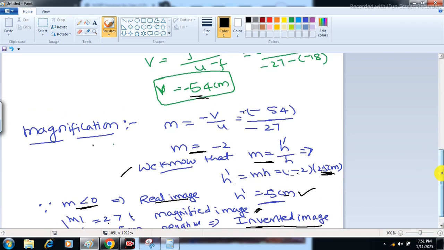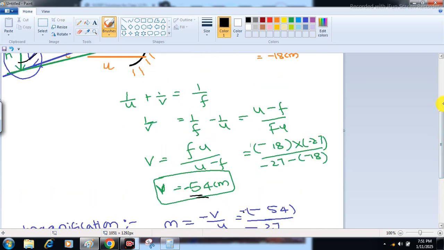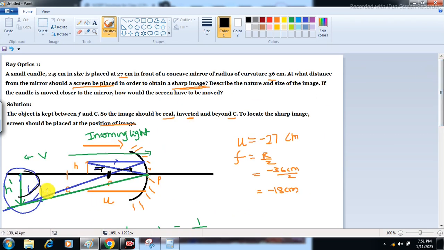We obtain the same type of image by drawing a ray diagram for this situation. The image is formed in front of the mirror, so it is real. The image is inverted, opposite to the object: the object is placed above the principal axis, but the image is formed below the principal axis, therefore it is called inverted.